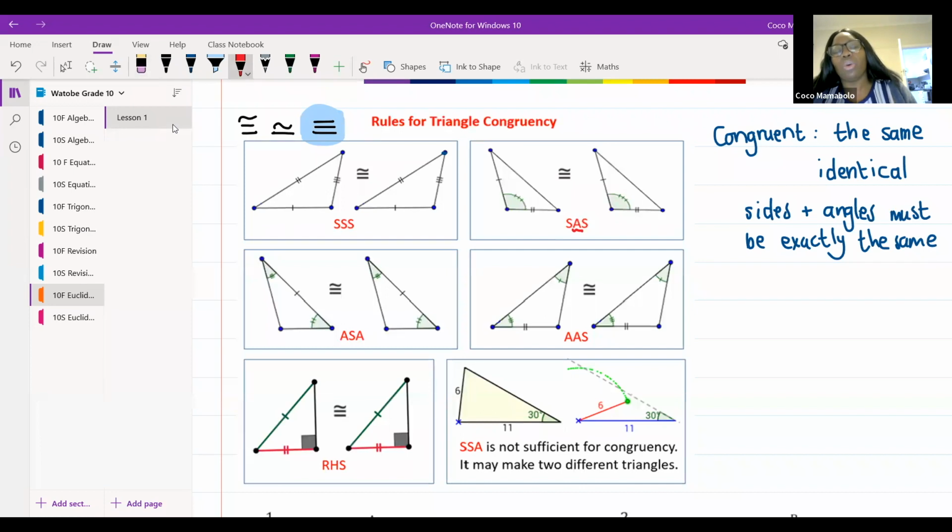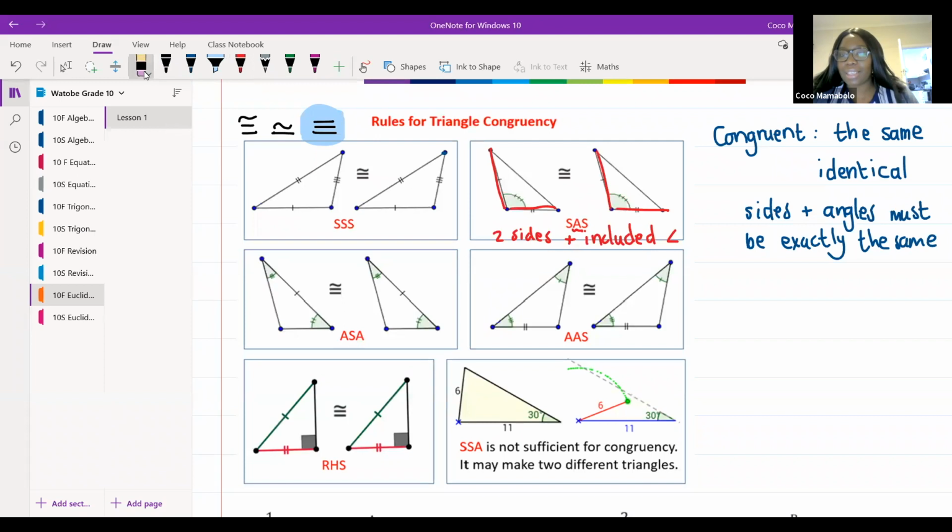We need to think of 2 sides and an included angle. What that means is if this side is equal to this side, and this side is equal to that side, they are only congruent if the angle in between the 2 sides are equal.